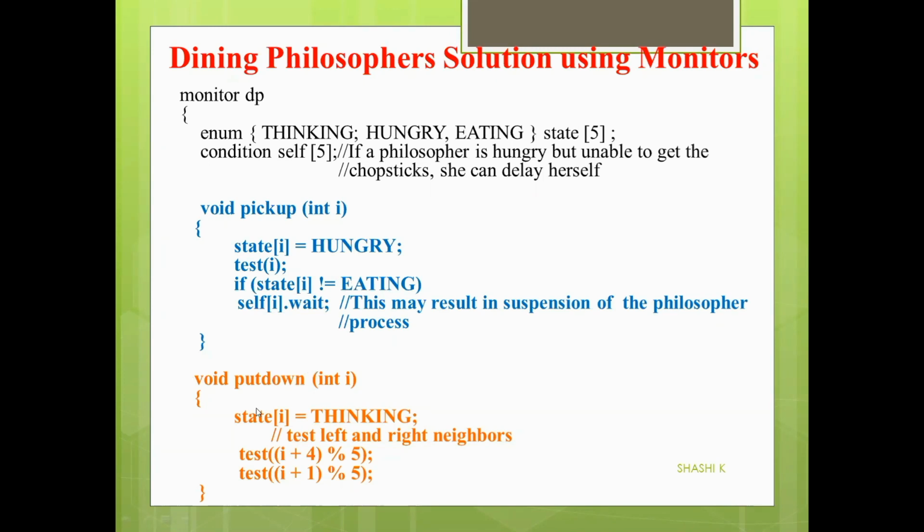So what is there in the code for put down? He has put down the chopsticks. So he will change his state to thinking, and then he will execute the test operation on I plus 4 mod 5, and he will execute the test operation on I plus 1 mod 5. So what does I plus 4 mod 5 indicate?